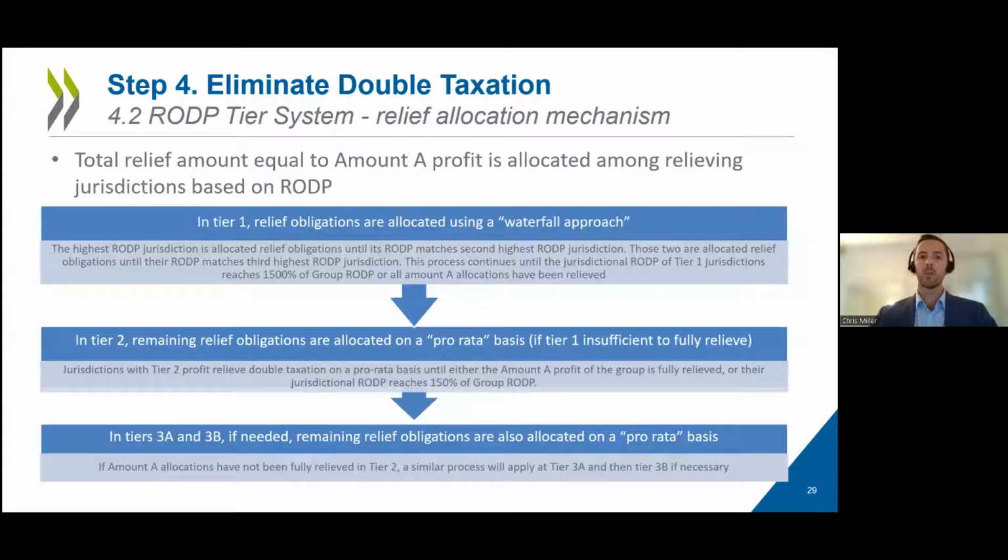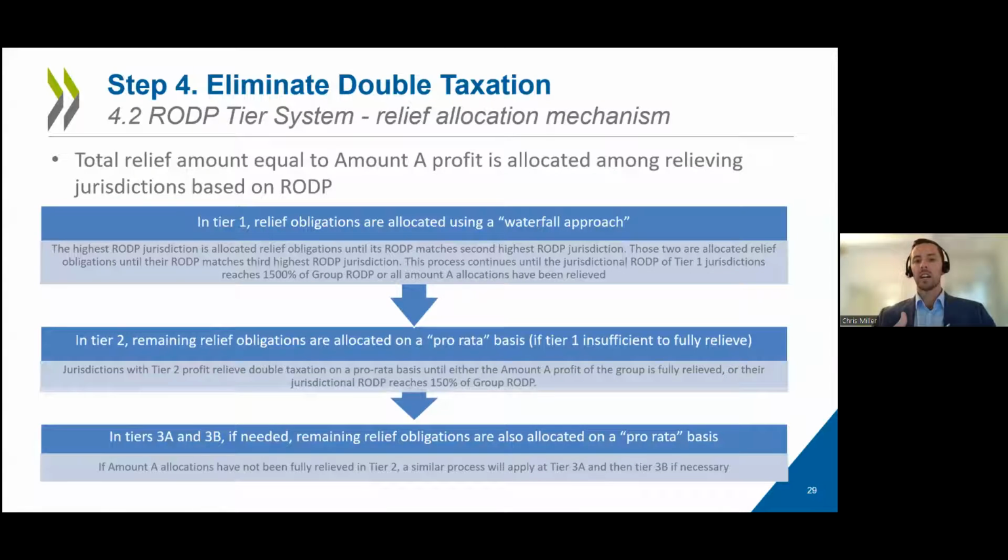So first at tier 1, we use what we call a waterfall approach, and we seek to allocate profits first in tier 1, and importantly under this waterfall approach, first to the most profitable jurisdiction in tier 1. And so the way this works is that the highest RODP jurisdiction will be allocated relief amounts until its adjusted RODP matches the RODP of the next most profitable jurisdiction.